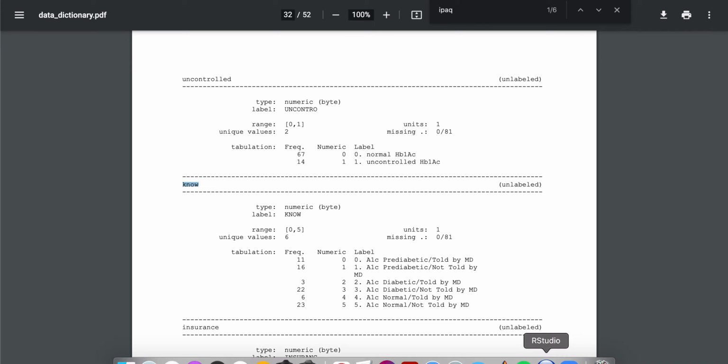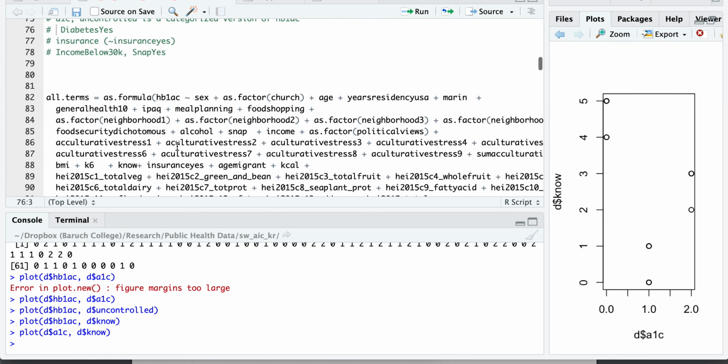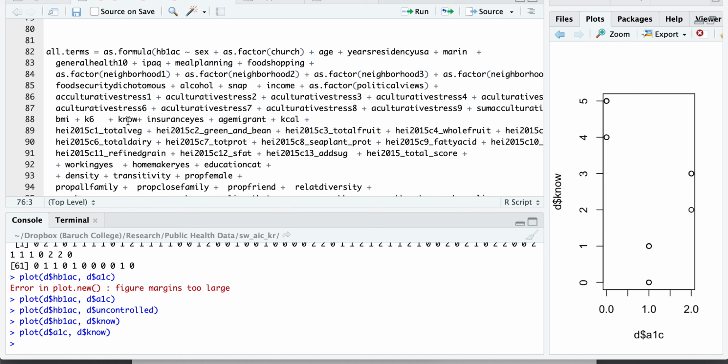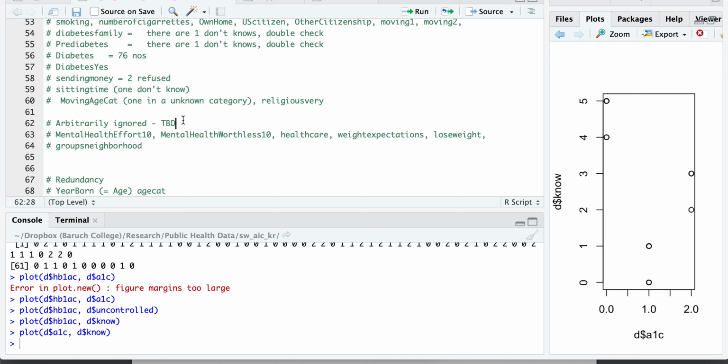Okay, so for now I ignore it. This is something I have to look into closer and see what this is. So it's to be discussed. Let's just say to be discussed category. Then we have no.